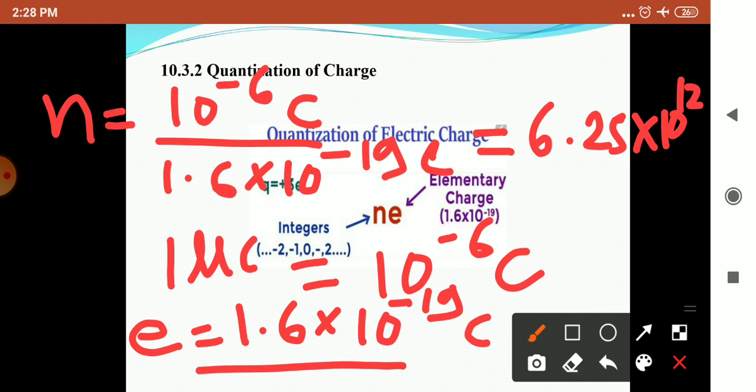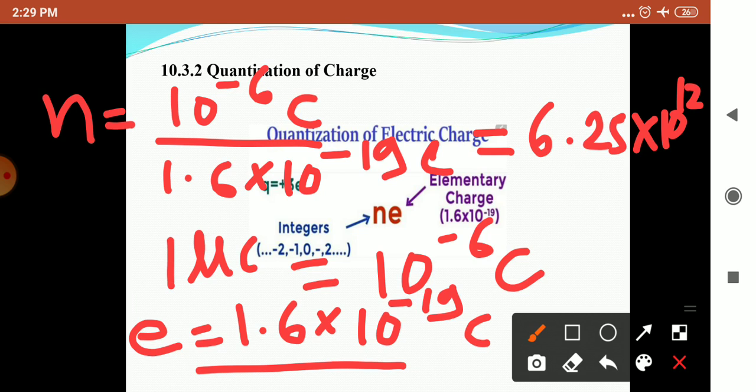Since it is a tremendously large number, the quantization of charge is not observed, and one usually observes a continuous variation of charges. Everyone got this? What is quantization of charge?